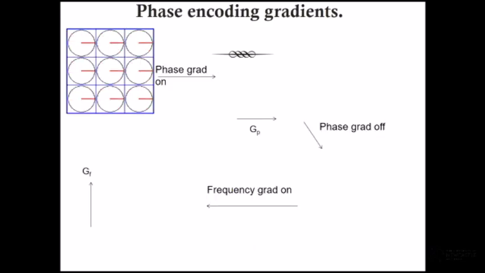Okay, so just to show you what it looks like, imagine that we've excited a slice. In an ideal world, we've excited a single slice and all those protons are exactly the same. See how they're all precessing at exactly the same phase, so they all look very similar.